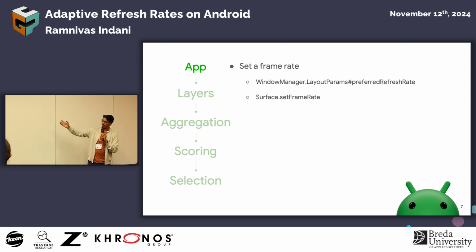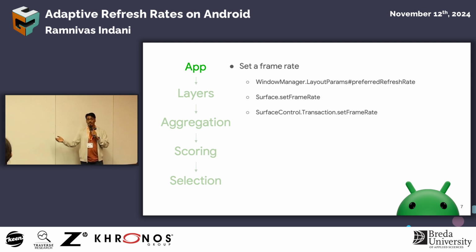You might not be using any of these window managers. You have your own surface on which you draw things, and you can set the frame rate through that. Or you have a surface control acquired, and that also supports transactions to set frame rate. So we support a wide variety of apps and their requirements. There are many different ways we can set these.